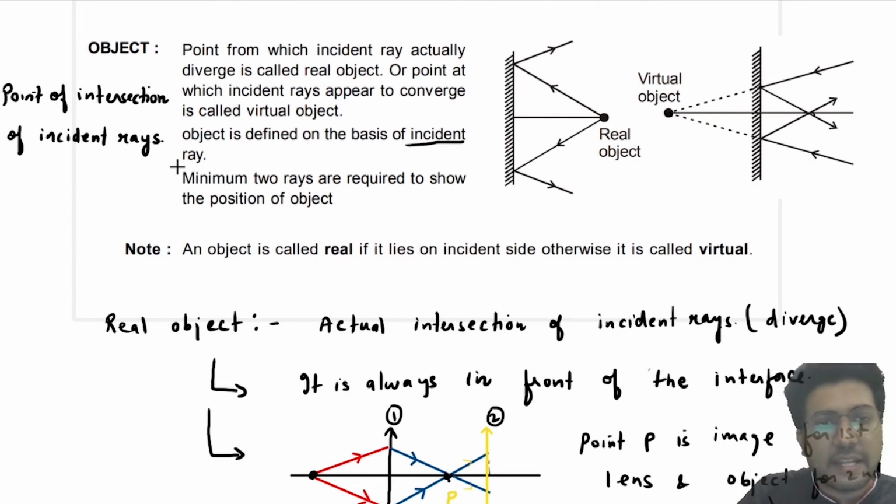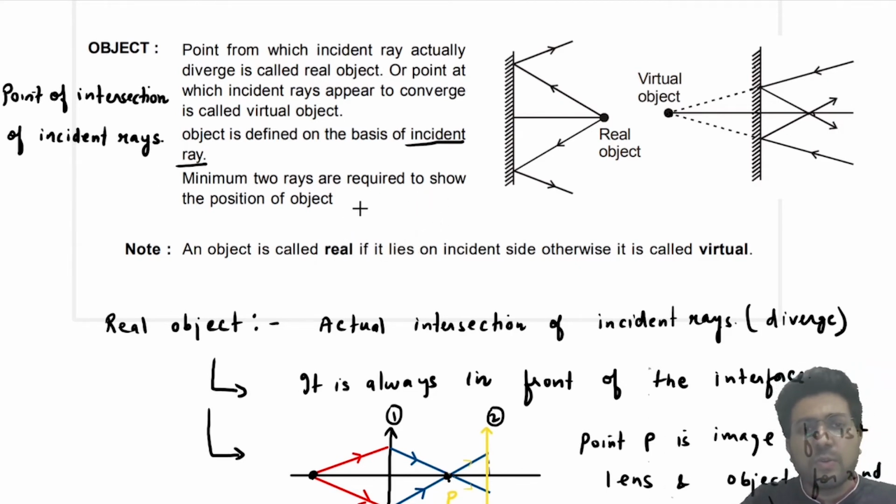Very important line. Minimum 2 rays are required to show the position of the object. Why? Because for an intersection point we need at least 2 rays. Note, an object is called real if it lies on the incident side, otherwise it is virtual.